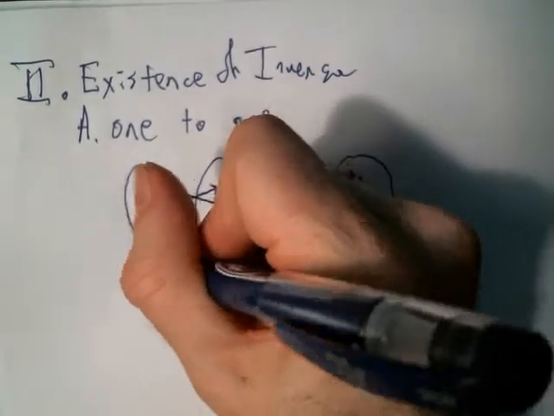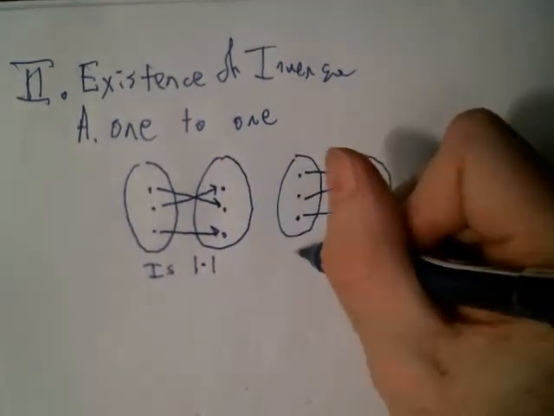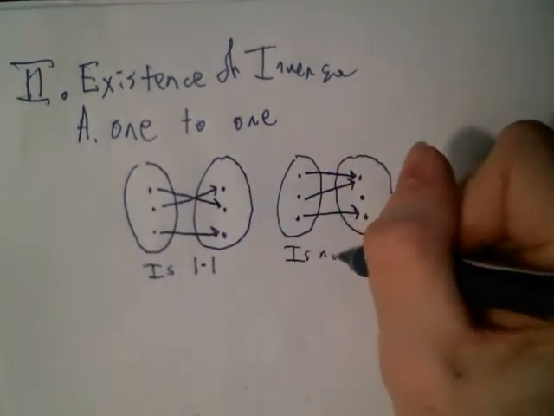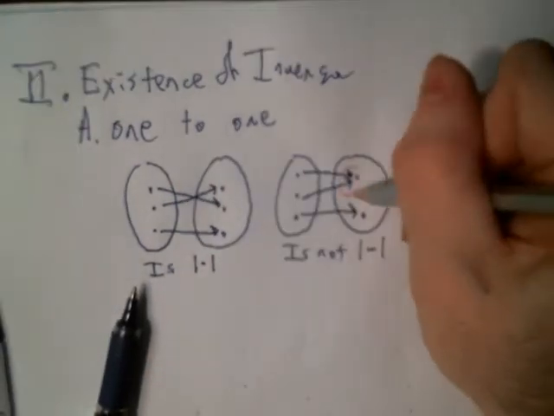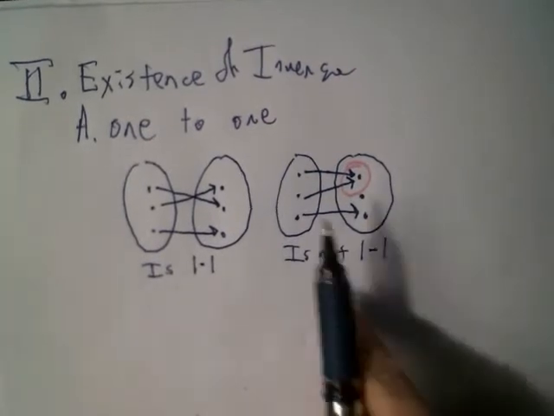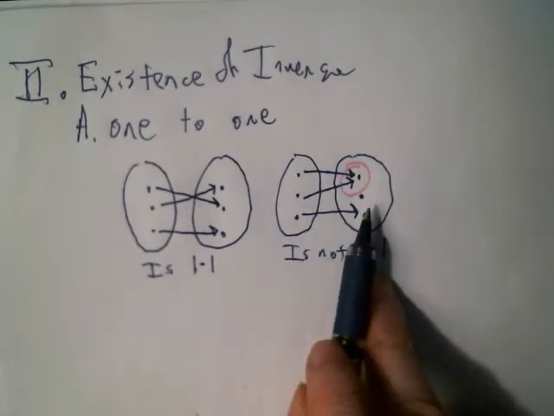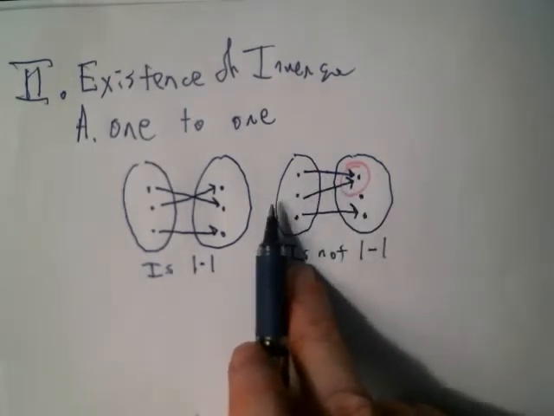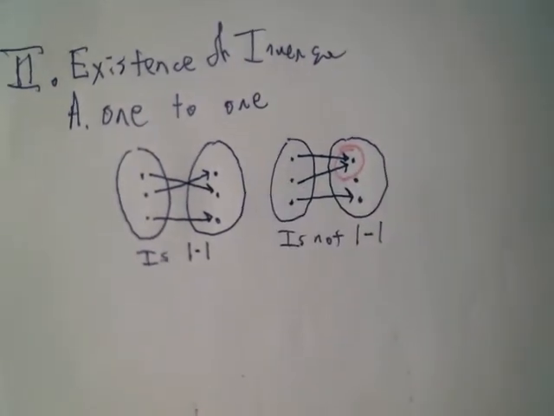So this is 1 to 1, and I'll write 1 to 1 with numbers, and this is not. And it's not because of this issue here. It's like you want it to be a function in both directions. You want it to be a function this way and then a function this way. And this wouldn't be a function the other way because you have this splitting going on.